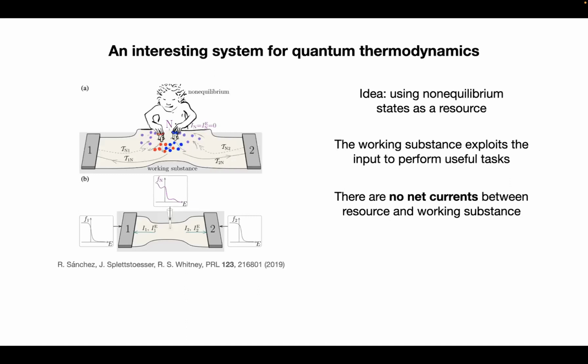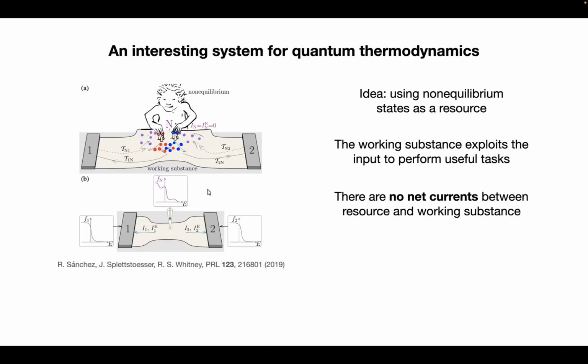So the whole idea, the origin of the works I'm going to talk about, is represented in this slide. This is a work that Janine did in collaboration with Rob Whitney, who was also mentioned before in this workshop, and Rafa Sanchez in Madrid, where they had this idea of proposing a system that exploits non-equilibrium states as a resource.